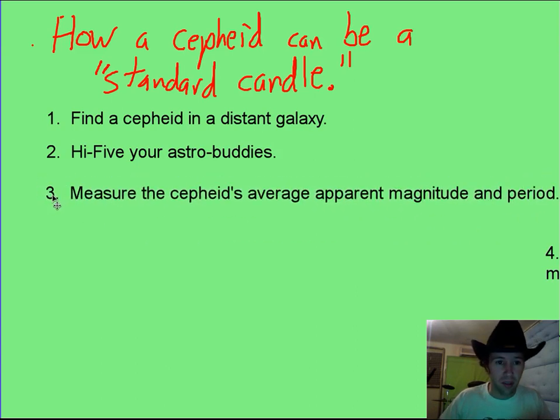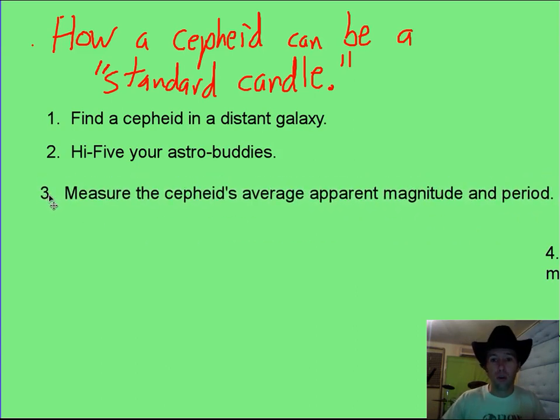Then you spend some time, probably weeks, measuring its average apparent magnitude, which is how bright it appears to you, which will be changing, and the period of time that it takes to go through the whole cycle. You write those down.